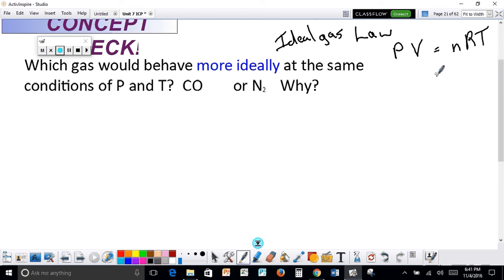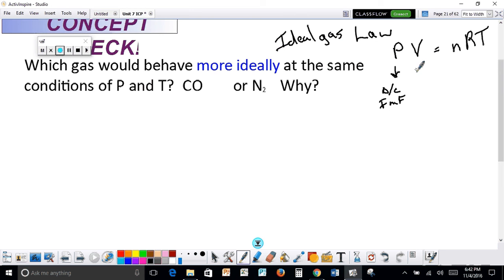Now, when we take the ideal gas law and we adjust for real gas behavior, we need to remember that pressure in the real world decreases because of IMFs between the molecules. You know, the particles don't just bounce around freely without experiencing any attraction for each other.